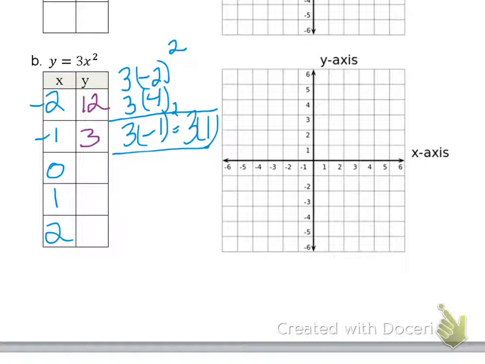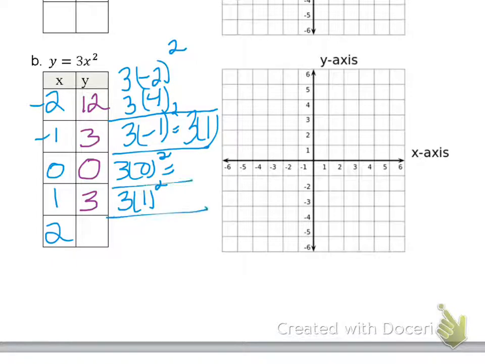If we fill in 3 times 0 squared, that's just going to be 3 times 0, which is 0. And 3 times 1 squared is going to be 3 times 1, which is 3. And 3 times 2 squared is going to be 3 times 4, which again is 12.